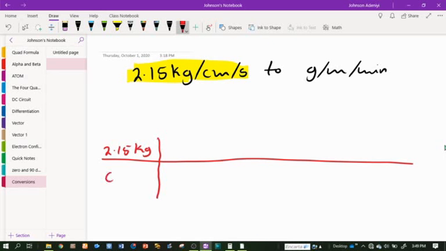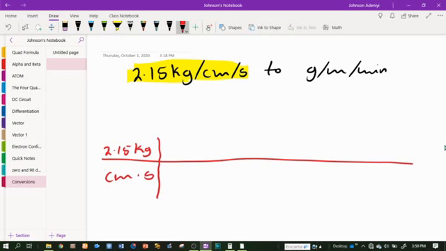Then you have your second. Of course, this means the centimeter and the seconds are in the denominator.